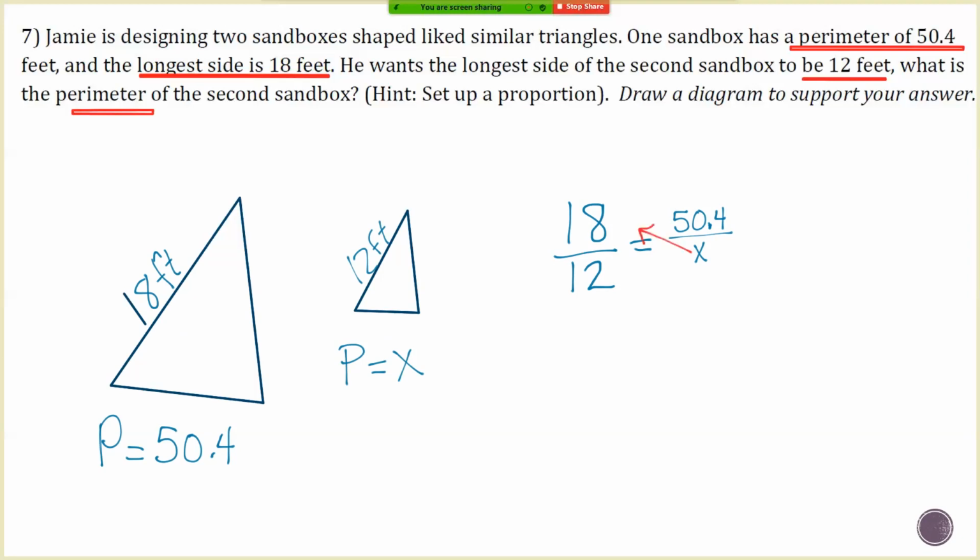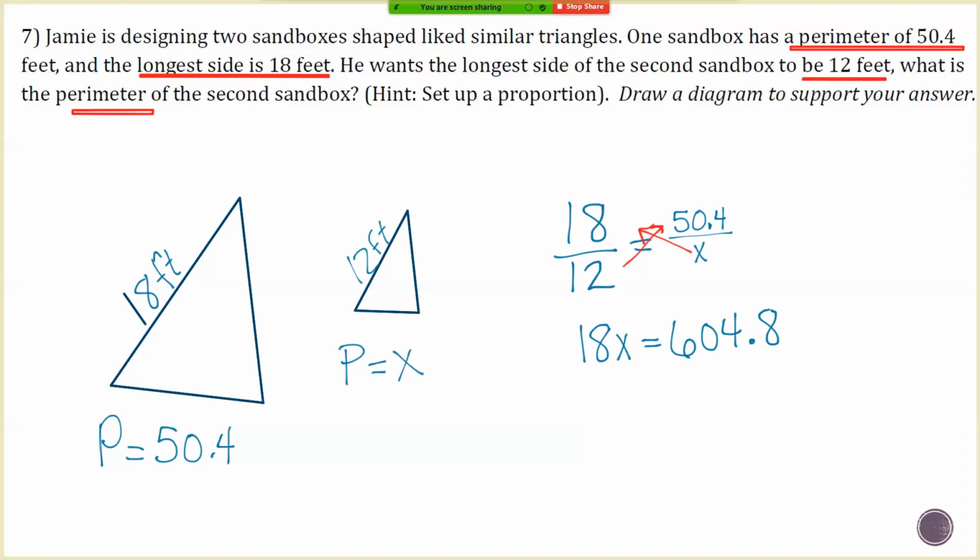So I'm going to multiply these two together. 18 times x is 18x. And then I'm going to take 12 times 50.4. And I believe that gives us 604.8. Yes, it does.